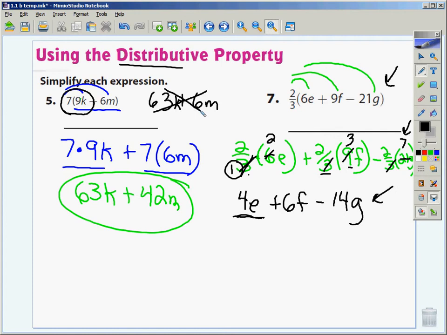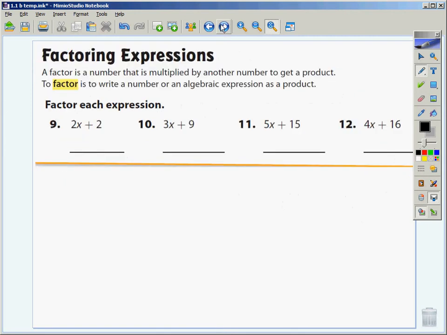Everybody understand the general concept? We can also use the distributive property going backwards, where we actually factor something out of it. I think you're going to find these on the bottom of the next page. Bottom of page 9. A factor is a number that is multiplied by another number to get a product. To factor is to write the number or an algebraic expression as a product.